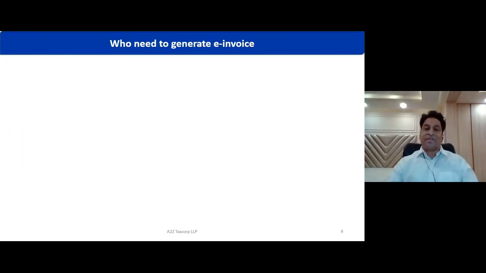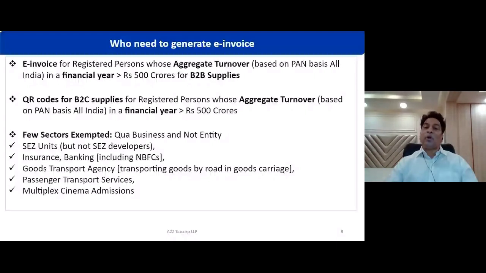Who needs to generate e-invoice? Who is supposed to follow the e-invoice generation provision? I'm not citing all the notifications; as a background, I have given all the notifications and the relevant sections and rules of the CGST Act.